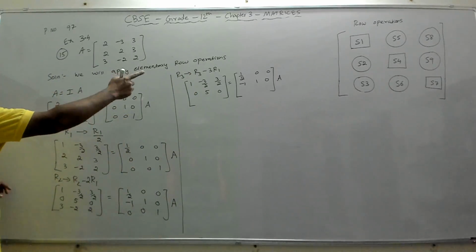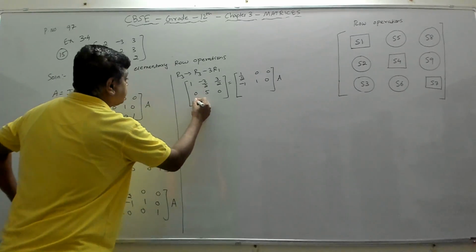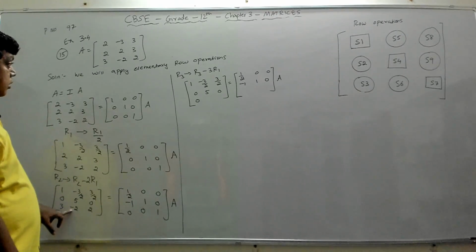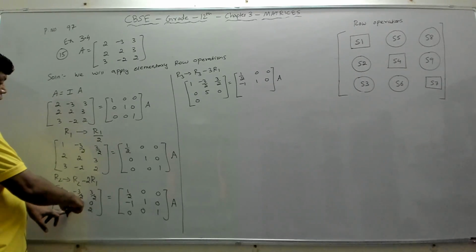Now row 3 is row 3 minus 3 times row 1. So 3 minus 3 times 1 is 0. Then minus 2, minus 3 times this.